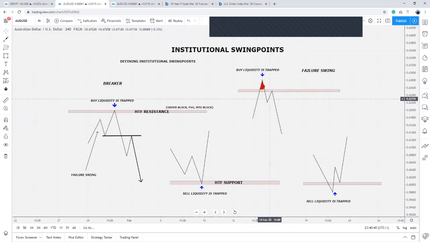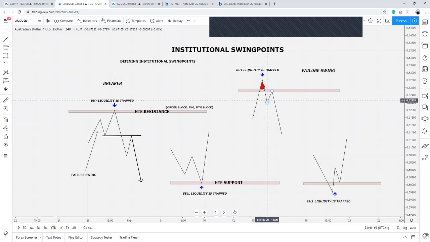Okay, so IPDA is then going to drive price into where a collective pool of liquidity is resting. Then the floor traders of the central banks will then reprice lower by pairing up the buy side liquidity with just sell orders, which will then shift price to the downside. So a failure swing basically looks like a breakout system. It's a total kind of setup, okay, whereby price looks like it's breaking out of the higher time frame level, but price quickly pulls down below.